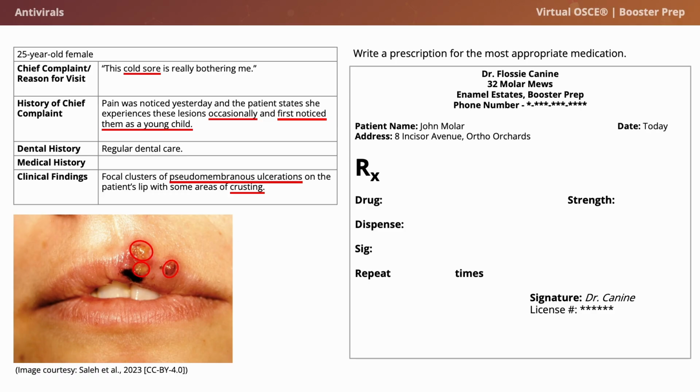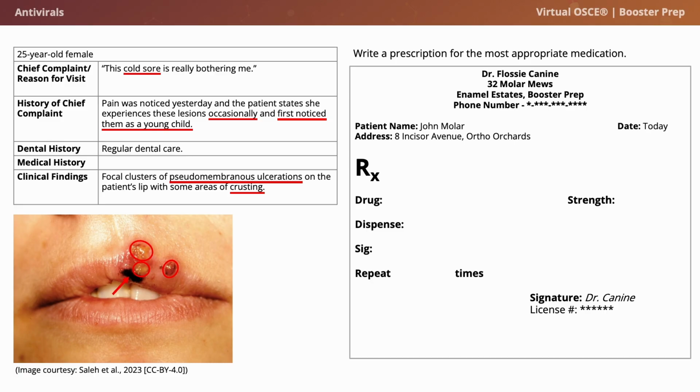A pseudomembrane is basically this yellow part that forms on top of the ulcer. This pseudomembrane bursts and forms areas of scarring like here, and this will cause crusting or scabbing of the wound. This is a very characteristic presentation of recurrent herpes infection, and you can confidently diagnose this as a cold sore or a recurrent herpes simplex infection.